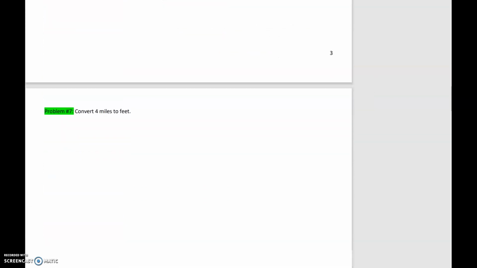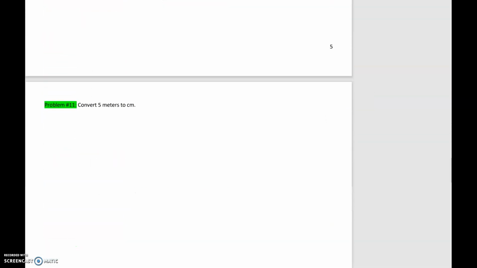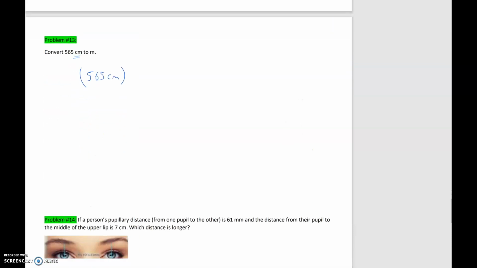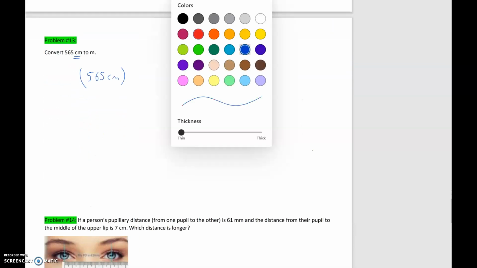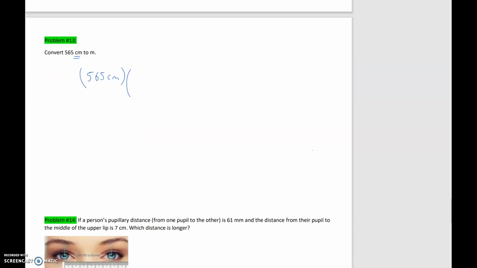So let me go back to the problem. Okay, so in this case, 100 centimeters is going to be equivalent to 1 meter. And let me cancel the units.